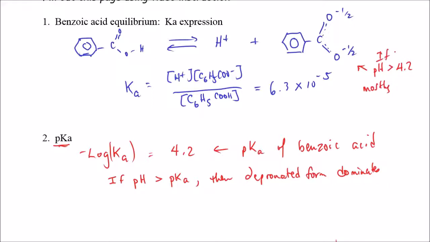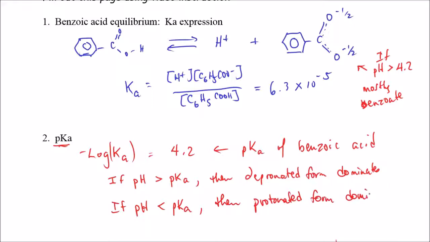I guess I should write the if, huh? Mostly deprotonated. It's benzoate, mostly benzoate. And the opposite is true. If pH is less than pKa, then the proton is attached. So this is the significance of pKa.